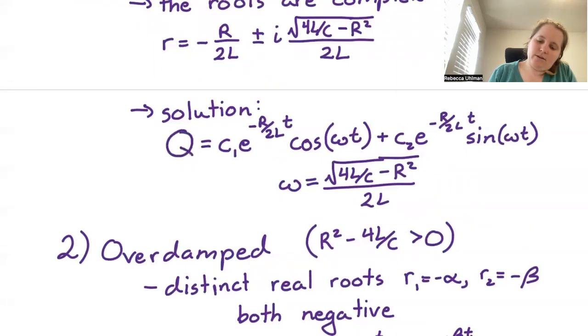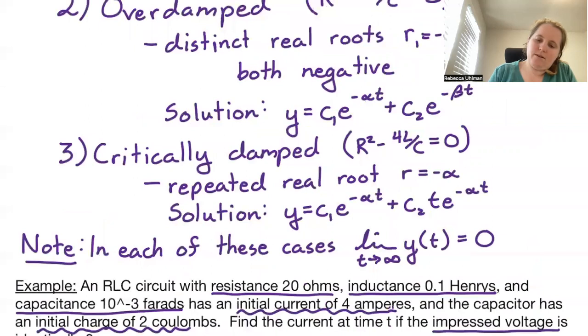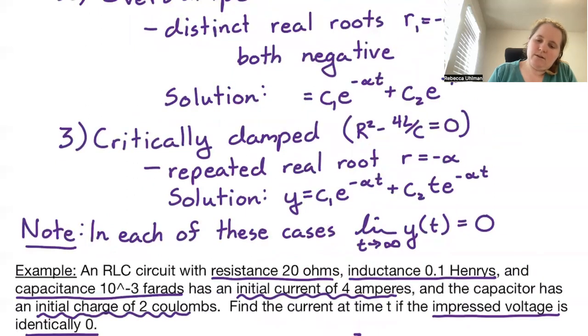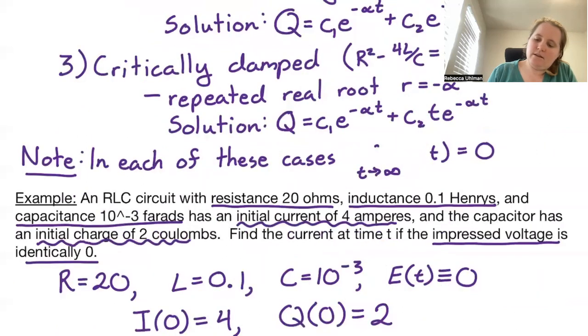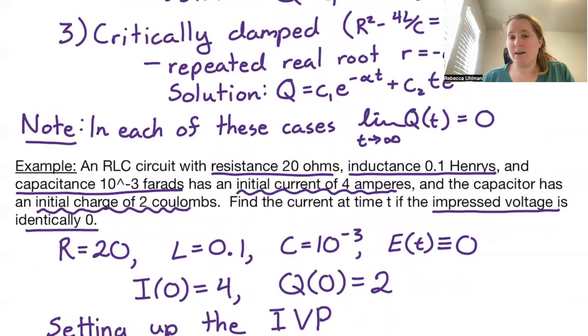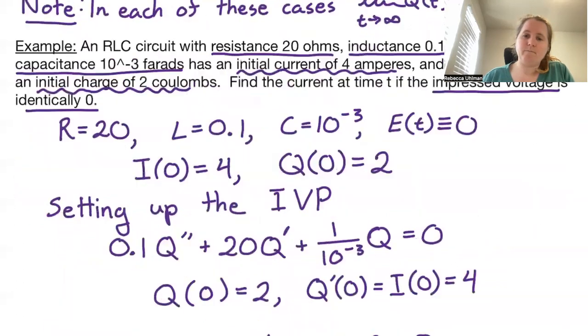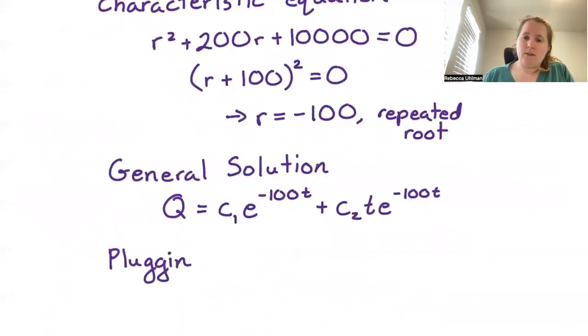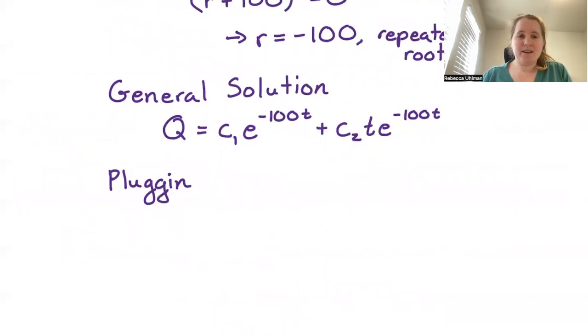In each of these cases, the limit as t goes to infinity of q of t is equal to 0. All right, I apologize about that. Anywhere I wrote a y, I should have been writing q. I'm so used to solving equations in y, it's automatic.